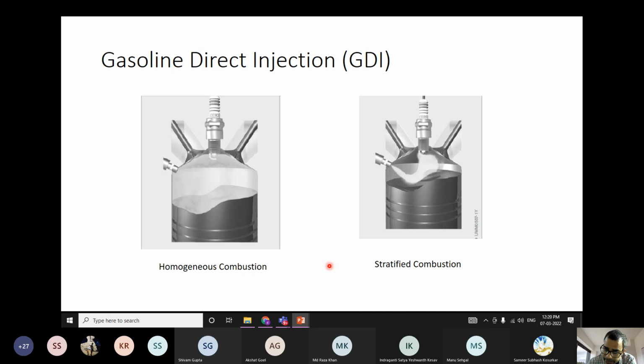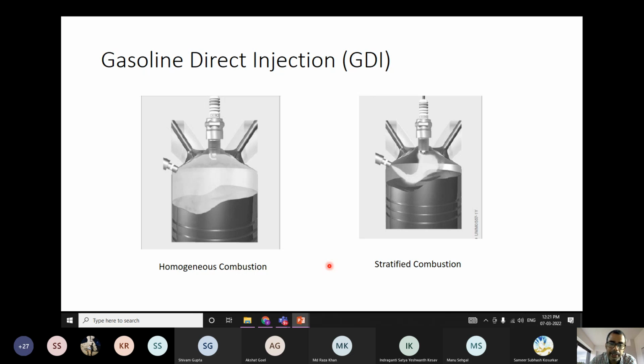In an SI engine, if it is port fuel injection, then there is no emissions regulation or restriction on the particulate or soot particles, because it is understood that it is a homogeneous mixture and there is no big problem with the particulate size.